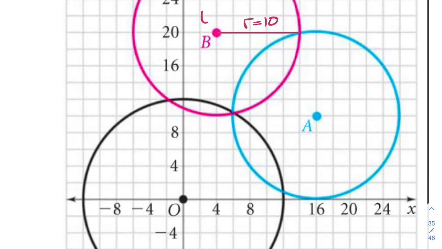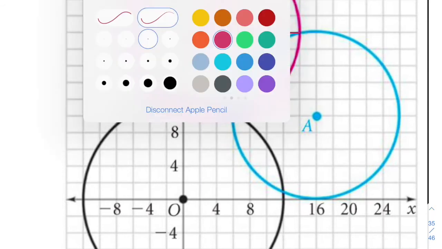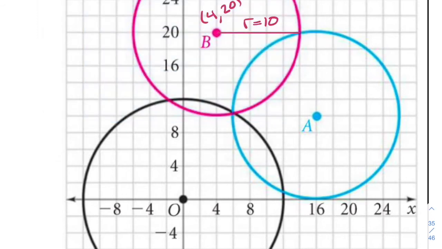Your center is at 4, 20. For A, we have a center of 16, 10 with a radius of 2, 4, 6, 8, 10 as well.